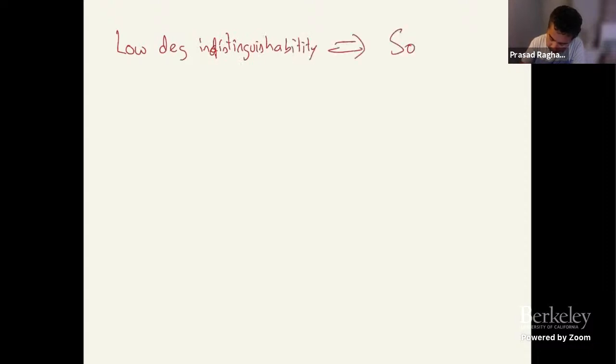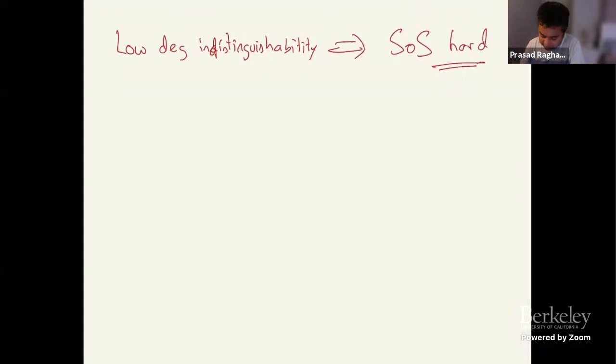And I guess probably the main open question in SOS lower bounds is to prove that low degree indistinguishability implies SOS hardness. This goes without saying, this is the main open question. SOS hard, as in it's hard for SOS SDPs to distinguish.